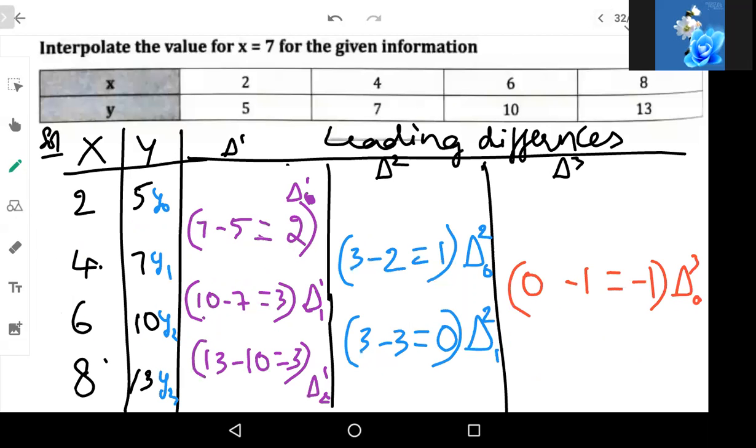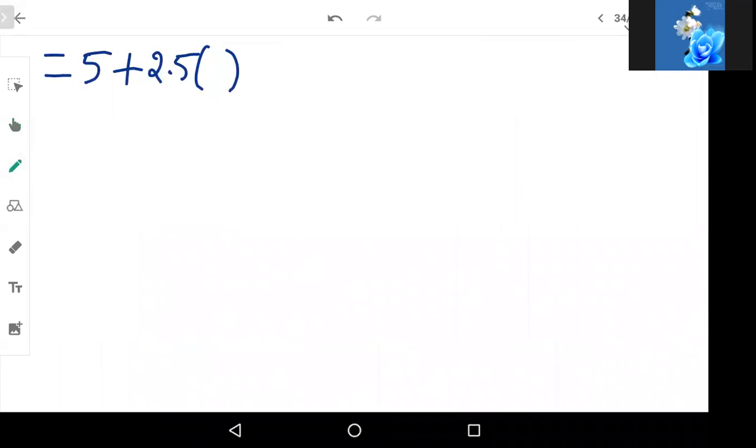Now going back to the leading differences, if you see the first leading difference, we have 2, 3 and 3. So only consider the first value, that is 2.